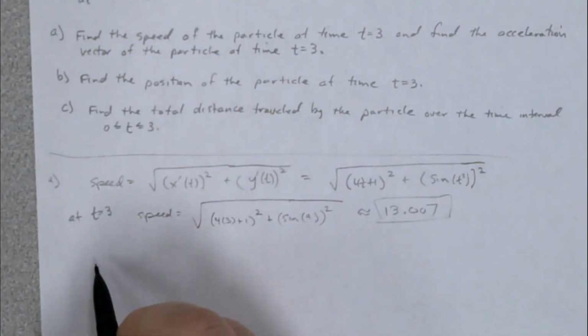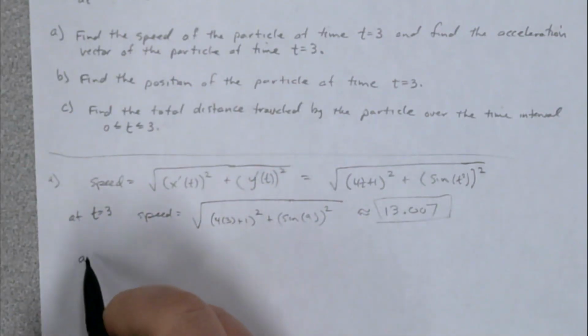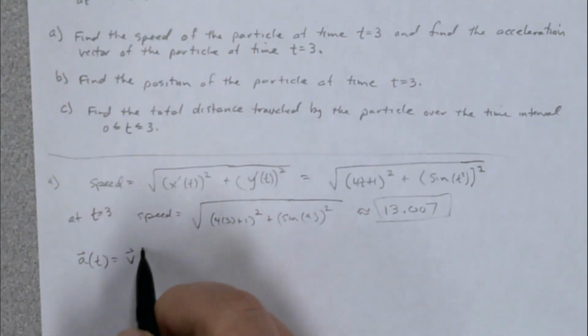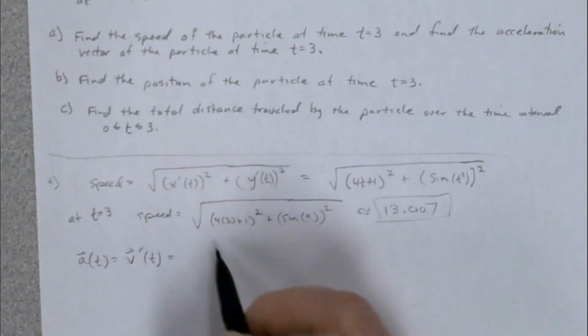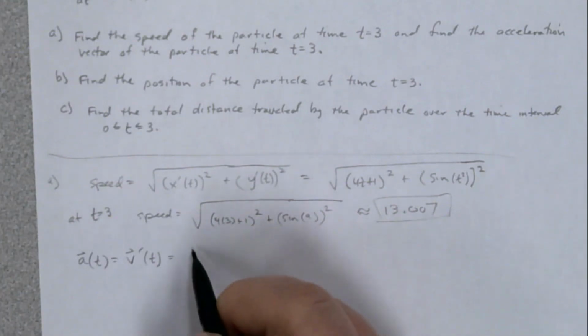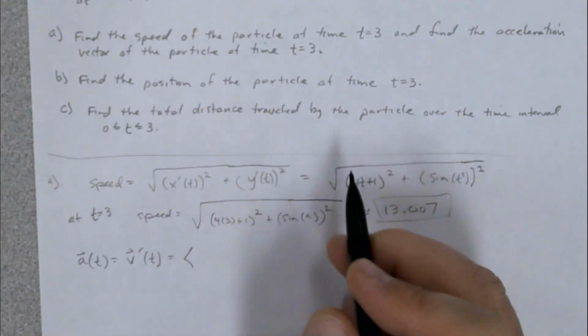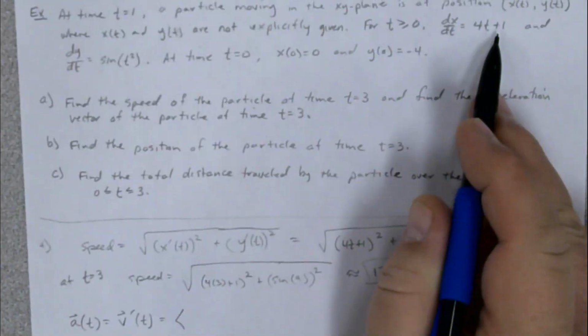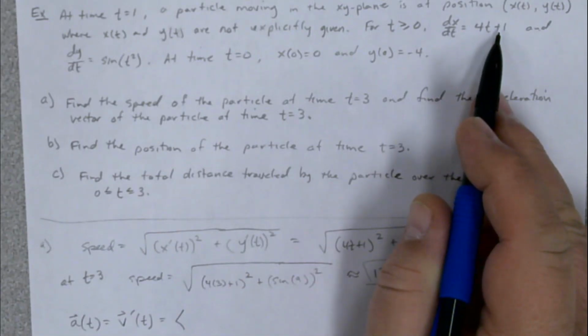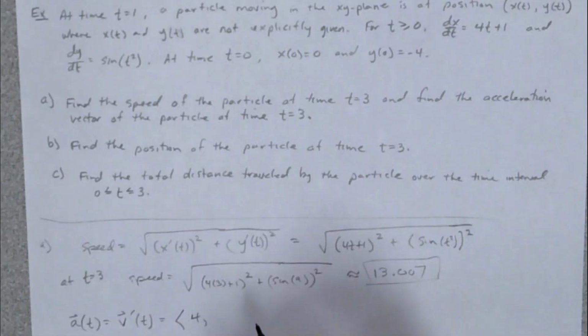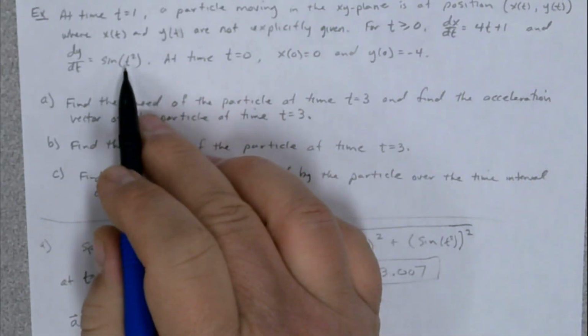So that's how that works. My acceleration, that's the acceleration vector, which is the derivative of the velocity vector. Okay? Which I have here as the derivative of this quantity right here, which is 4, and the derivative of this quantity right here.